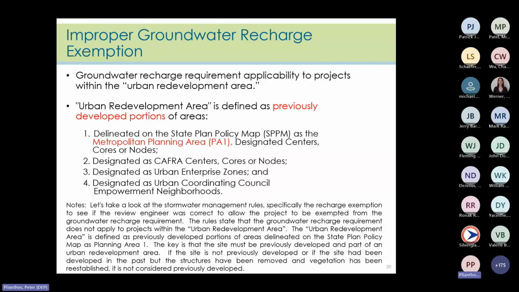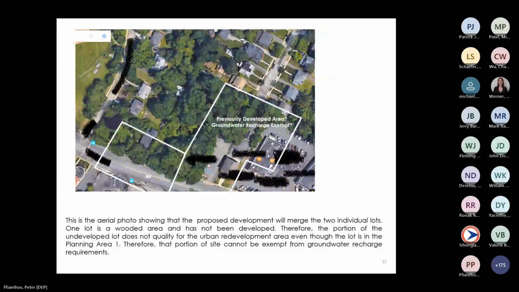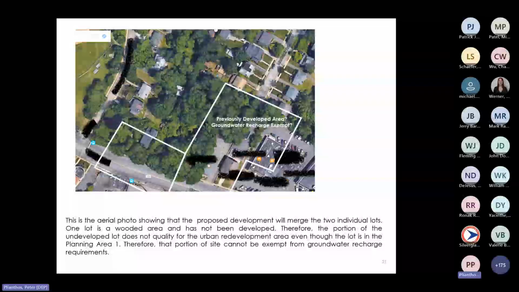If the site is not previously developed, or if the site had been developed in the past, but the structures have been removed and vegetation has been reestablished, it is not considered previously developed. This is the aerial photo showing that the proposed development will merge the two individual lots.